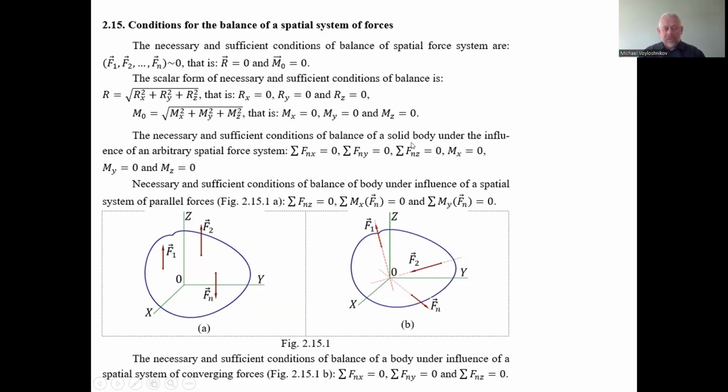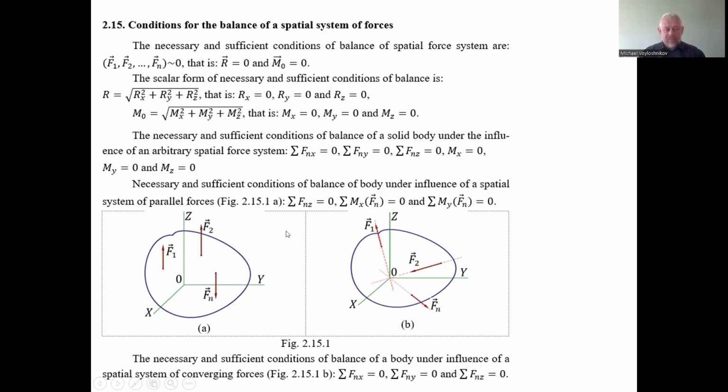This means that this total of the projections of all forces on the applicate axis is a projection of the resultant of the acting forces. As well, the projections of the moment rotating the body around the point 0, any reference point, we can take it arbitrarily.